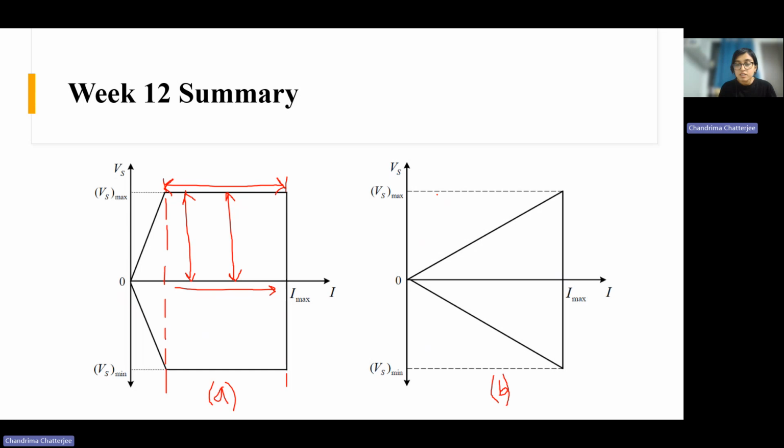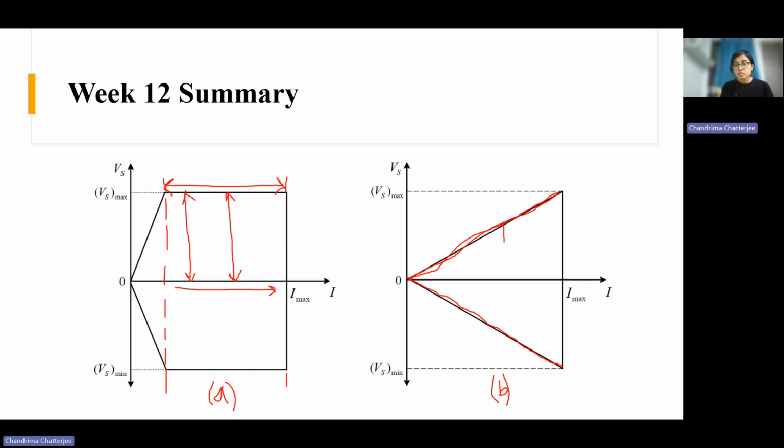And in reactance control mode, you see there is a linear relation between the voltage and the current, because here the reactance is being controlled.